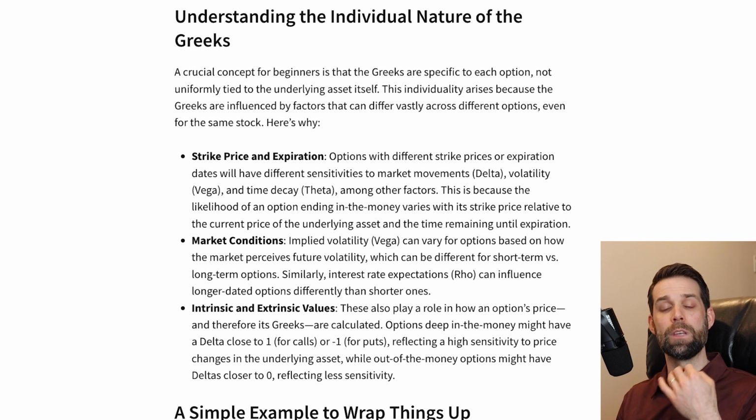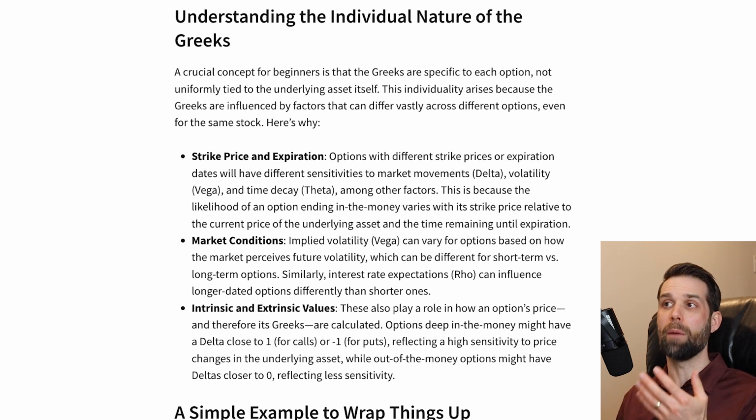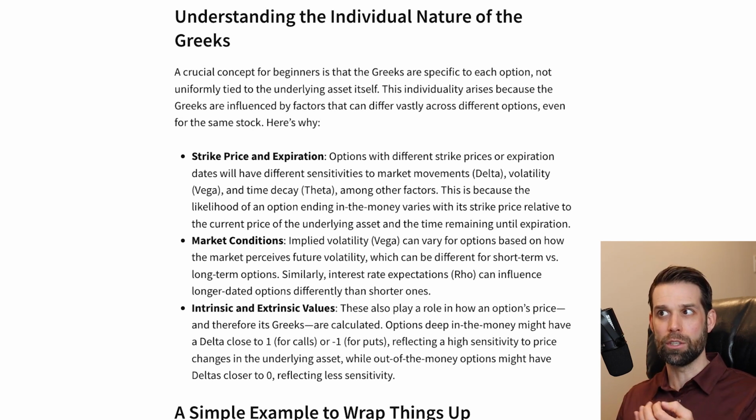Things like the strike price of an option and its expiration date are going to affect the values of the Greeks. Options with different strike prices or different expiration dates are going to have different sensitivities to market movement. So the delta, vega, and time decay are going to be different for options that have different strike prices and time to expiration, even if they are on the same stock.